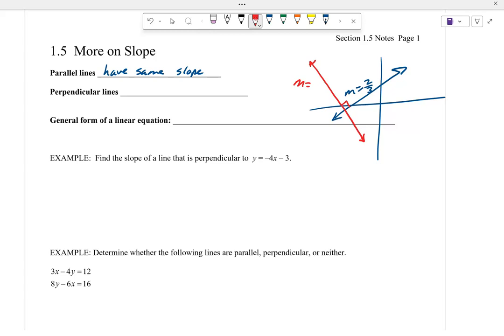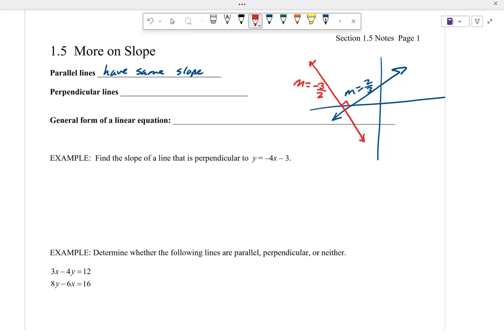So if the blue line has a slope of 2/3, the red line, if it's truly perpendicular, would flip that over and change the sign. If two lines are perpendicular, the product of their slopes would actually be -1. That's why they're opposite reciprocals.